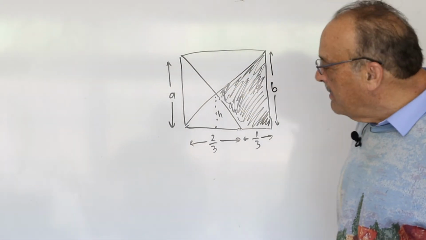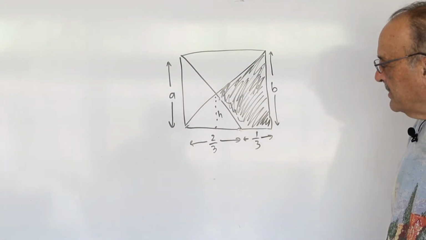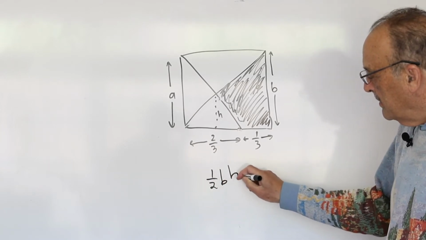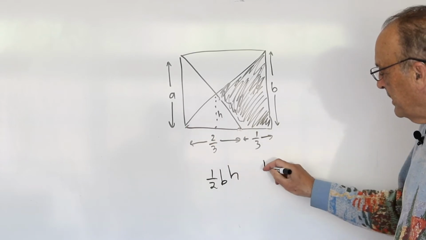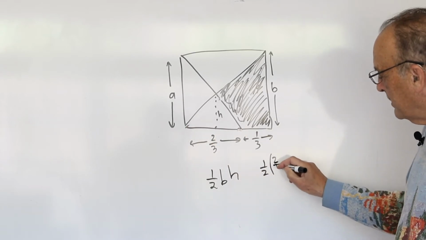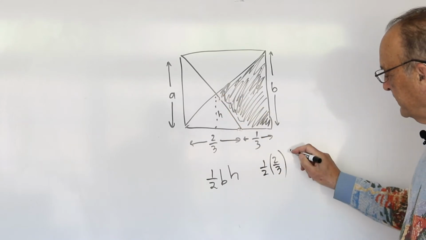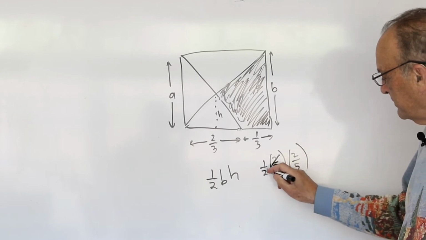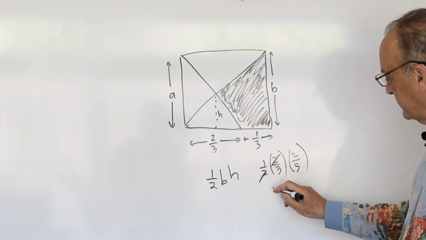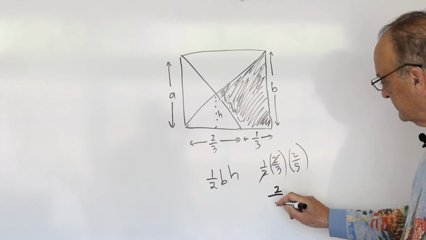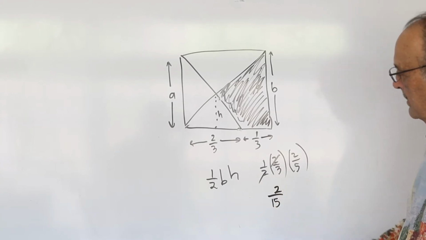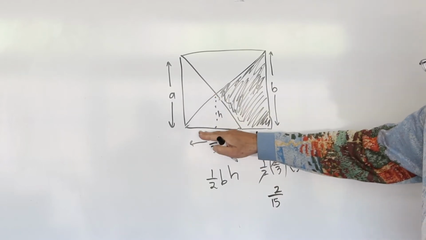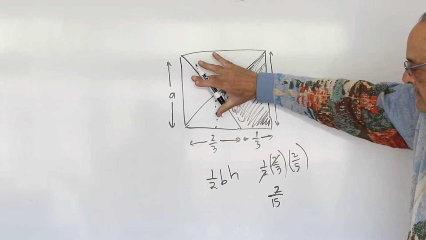Okay, so now to finish the problem, we know the height is 2/5. So the area of the triangle is 1/2 base times height. So the base is 2/3, so it's 1/2 of 2/3 times the height, which is 2/5. So we can cancel 2's. We end up with 2/15. So the area of this triangle is 2/15 of this unit square.